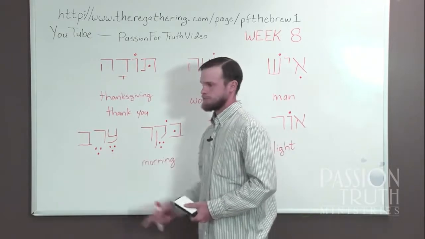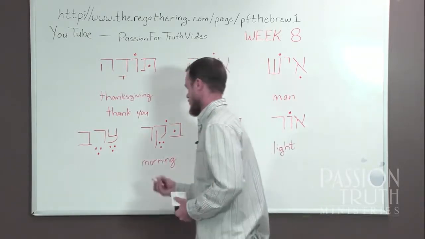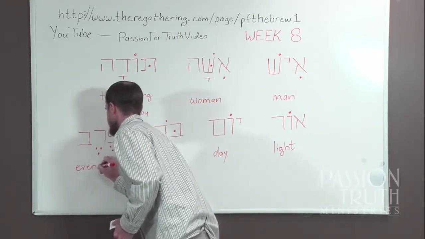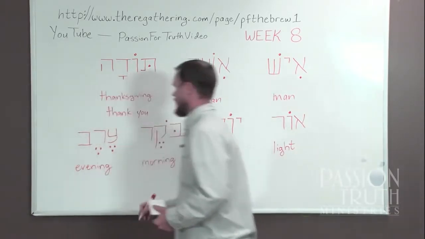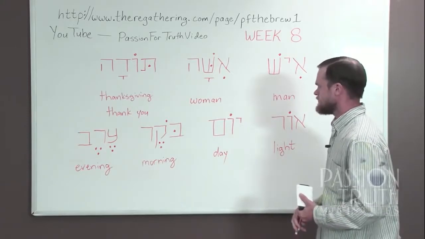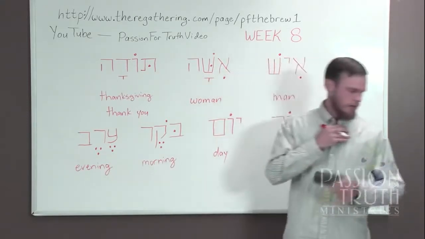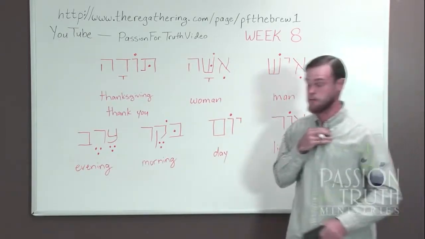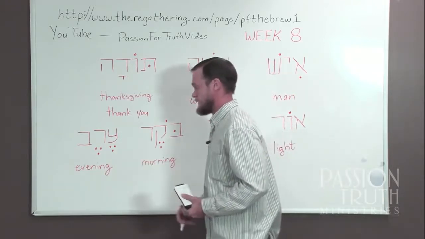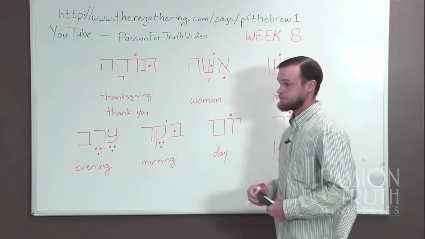So erev. That is evening. So boker is morning, and erev is evening. And you'll see those two used together quite a bit.